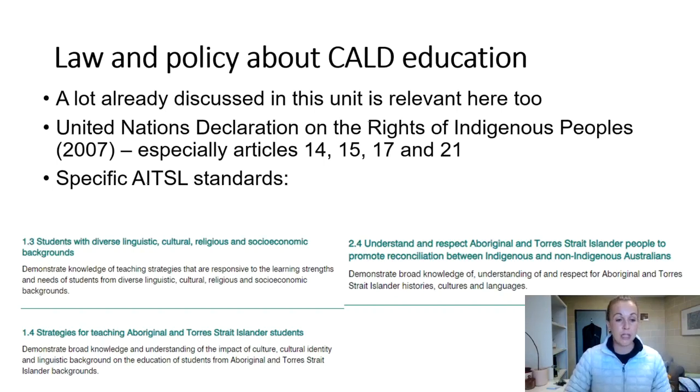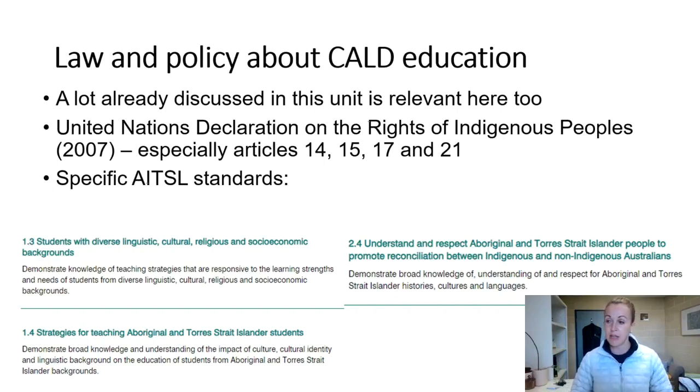So Article 14, or even in the preamble actually of that United Nations Declaration, which was signed in 2007 by Australia. Even in the preamble, there's some words about education, and it says that we have an obligation as signatories to that declaration to recognize, in particular, the rights of Indigenous families and communities to retain shared responsibility for the upbringing, training, education, and well-being of their children, consistent with the rights of the child.